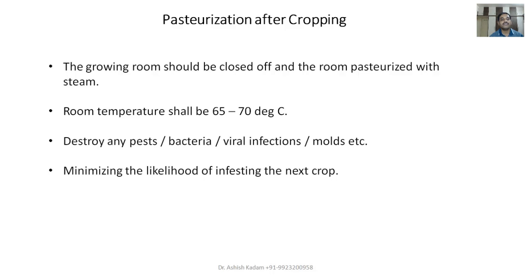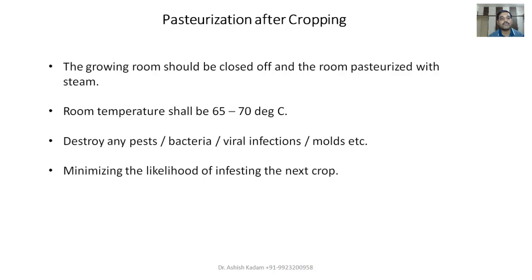After that we have to remove all the bags, we have to remove all the compost, we have to clean all the shelves, we have to clean the air handling unit, we have to open the ducts, we have to open the fabrics of the ducts. Everything should be thoroughly cleaned with pressurized cold water and hot water.